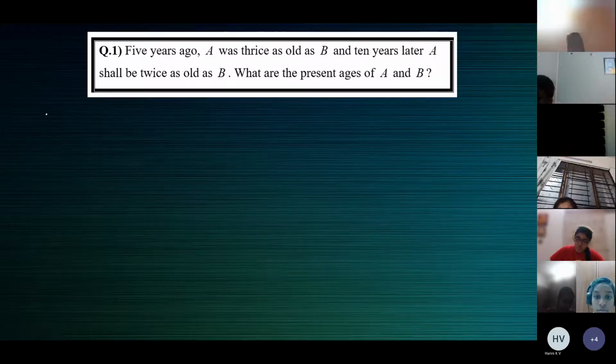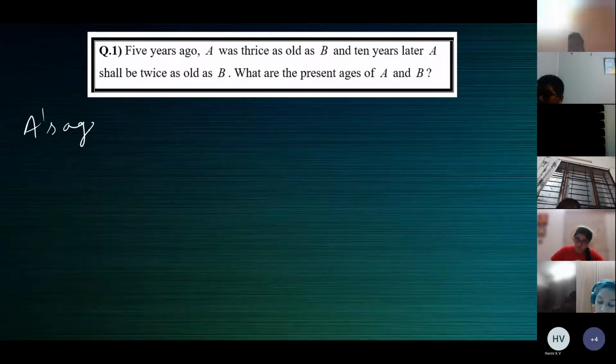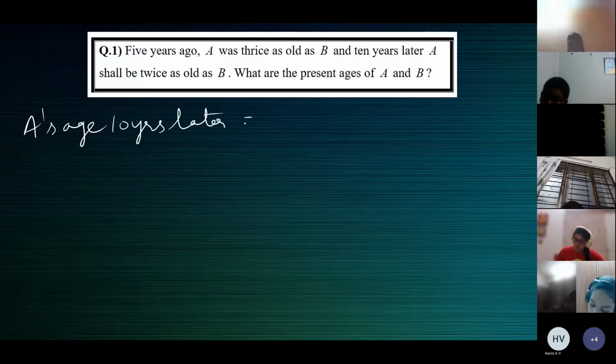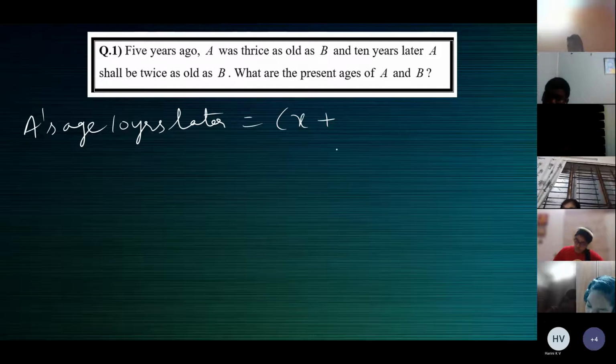And 10 years later, so now write A's age 10 years later will be x plus 10. Don't take x minus 5. Age is x plus 10. Now, if you're 15 years old, 10 years later your age will be 15 plus 10.